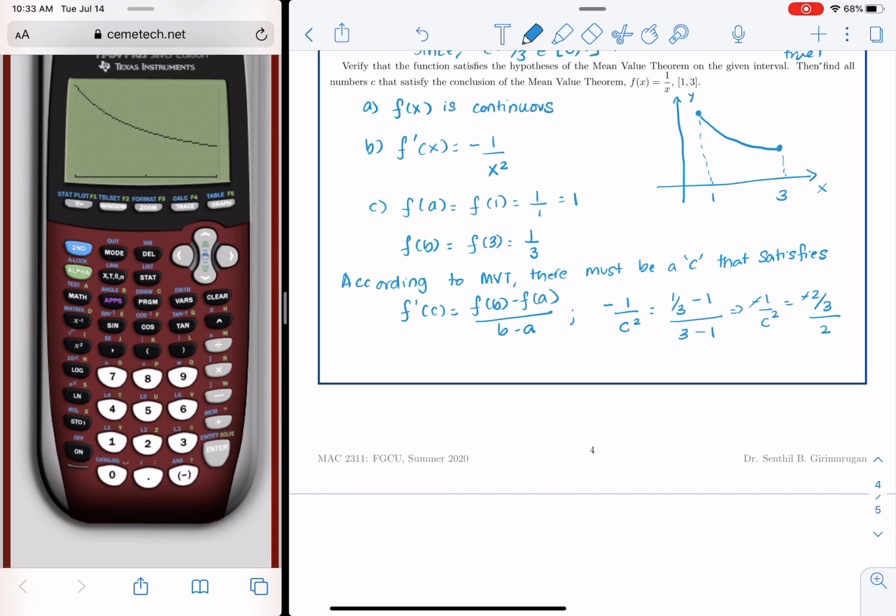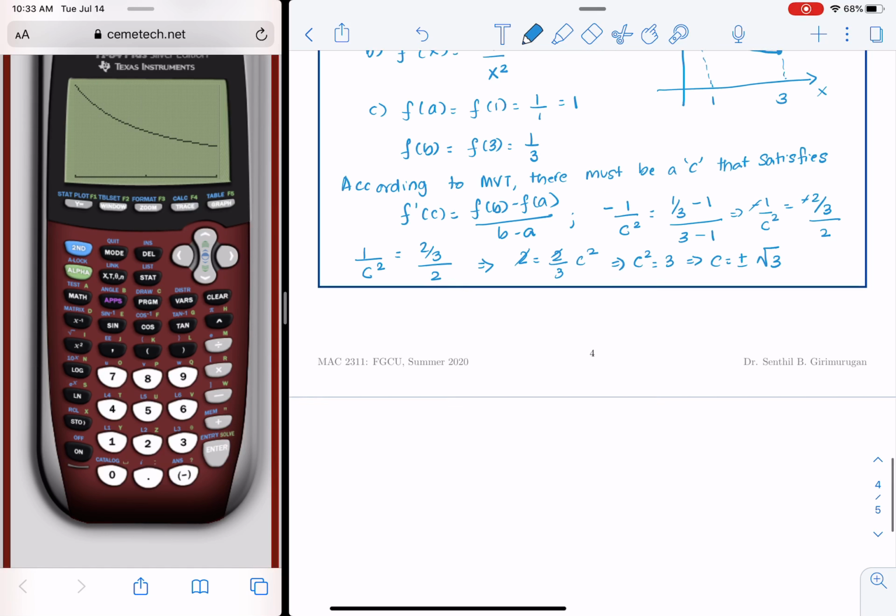We can get rid of the negatives. So 1 over c squared would equal 2 over 3 over 2, which would imply 2 equals 2 over 3 c squared. The 2's would go away, which would imply c squared equals 3. So c has to be plus or minus square root of 3.